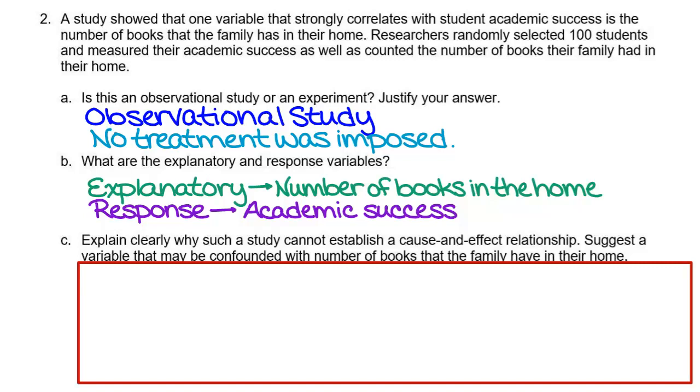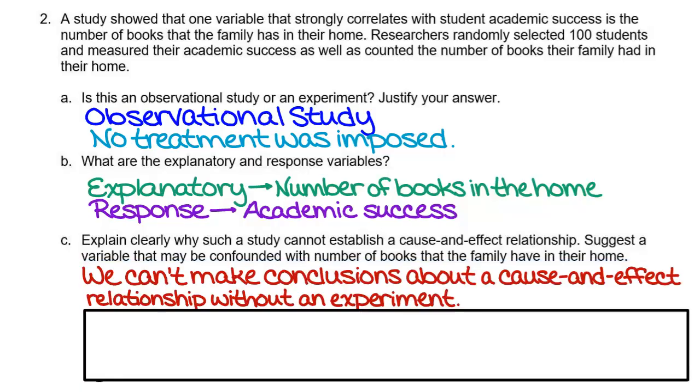If we wanted to determine cause and effect, we would need to have an experiment. Can't make conclusions about cause and effect without an experiment. Anytime they ask you about cause and effect, you go looking to see if an experiment was done. If an experiment was not done, nope. Can't talk about cause and effect at all because it wasn't an experiment. Full stop. Done talking.